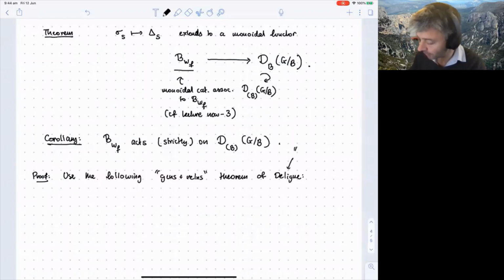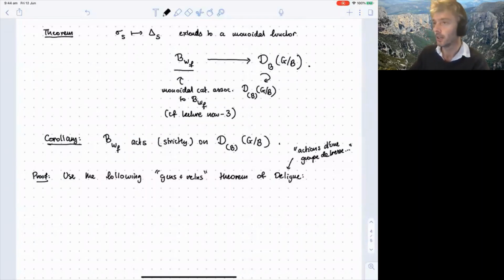So this is probably one of these papers that should be on our list of papers one should read sometime. It's called Action d'un groupe de tresses. I can't remember the exact title.